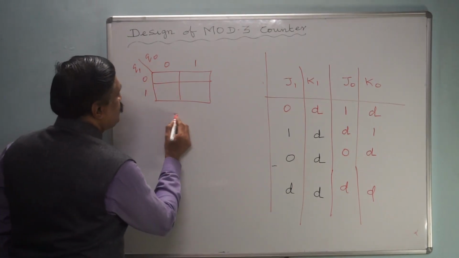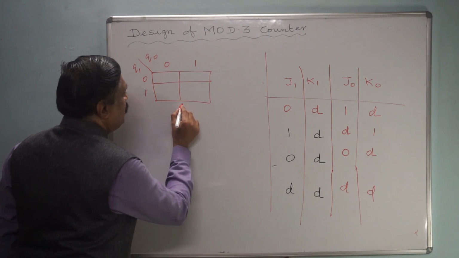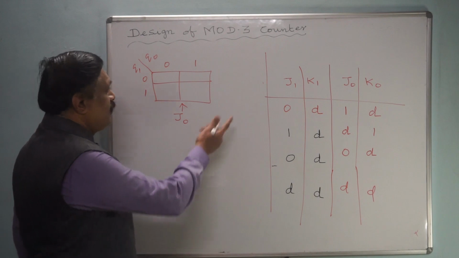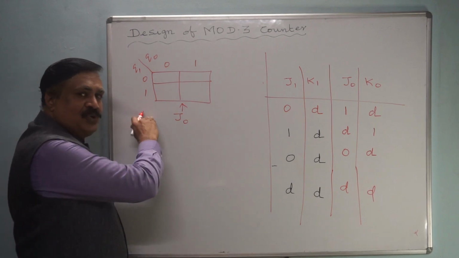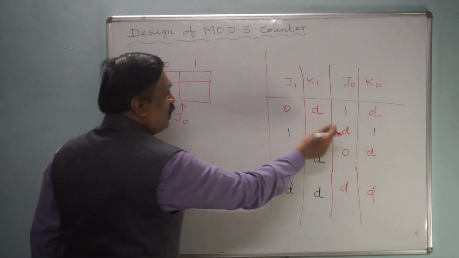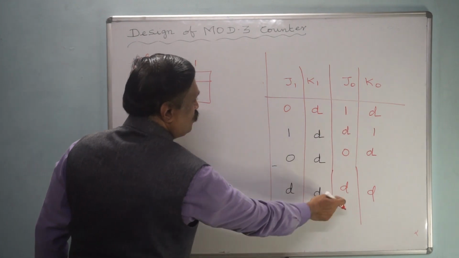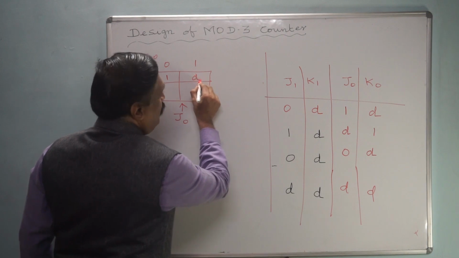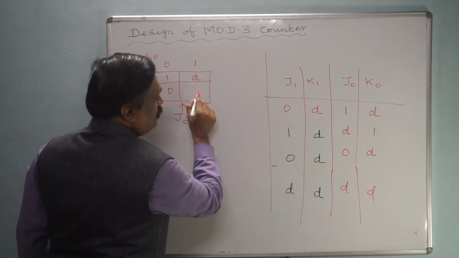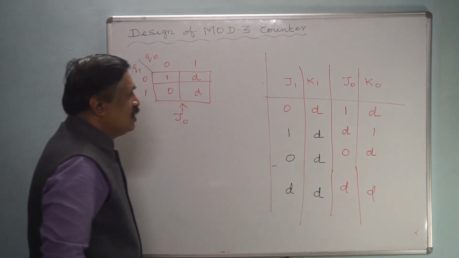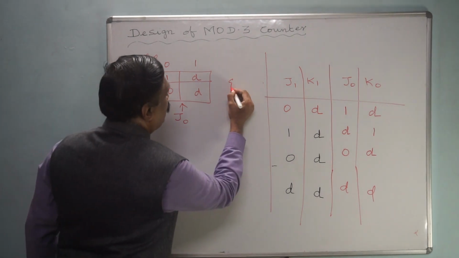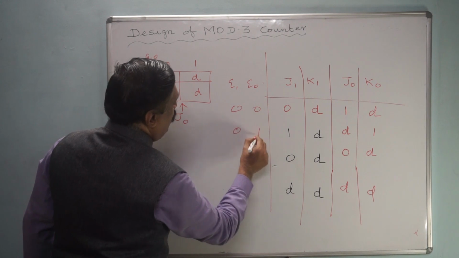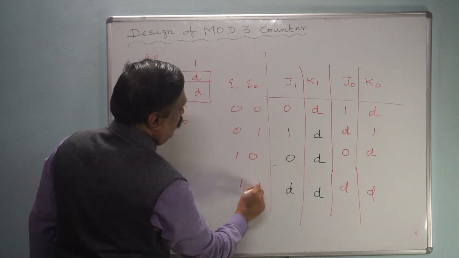Now you are going to substitute for J0 here. That means for this table for Q0, Q1, you have to fill this one. Now this is 1 and this is D and this is 0, this is D. That means here your Q1, Q0 is 0, 0, 0, 1, 1, 0, 1, 1.